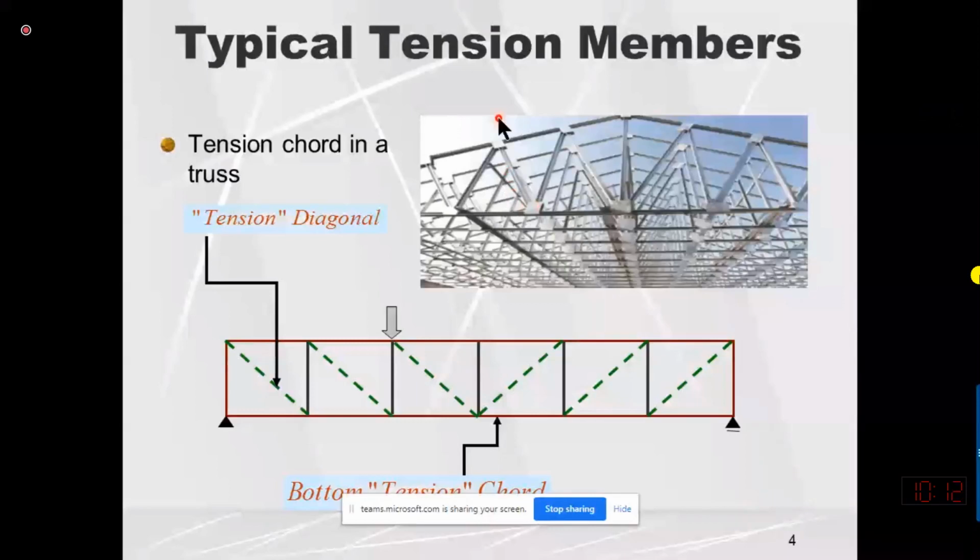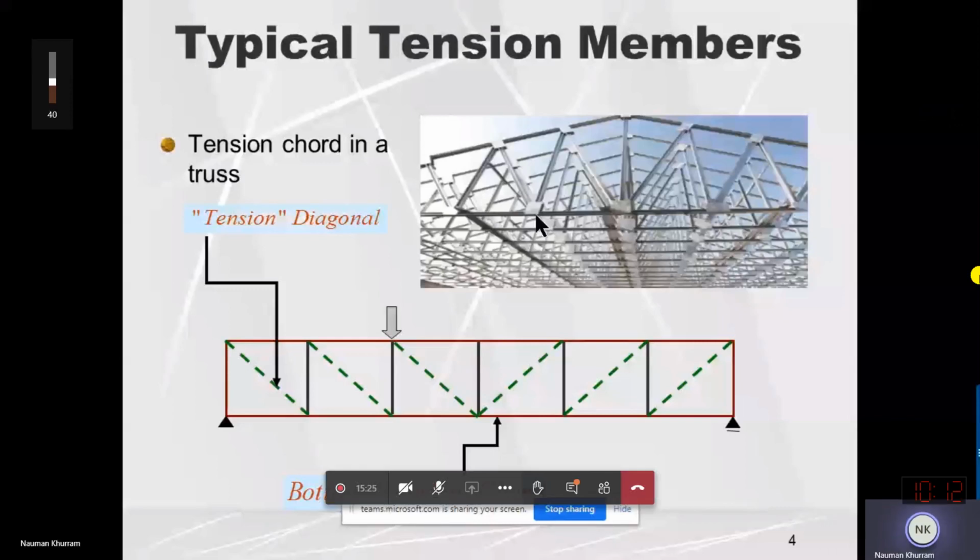There is one plate used at each panel point or joint. Each member is connected with a plate, and that plate is also connected with the other members. This plate is referred to as a gusset plate. We will learn about the gusset plate in detail in our subsequent lectures.